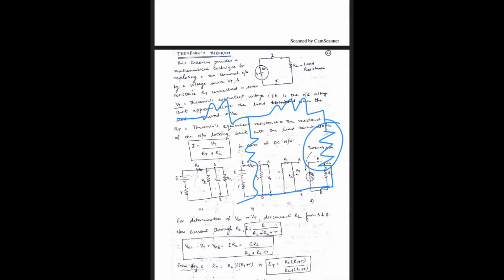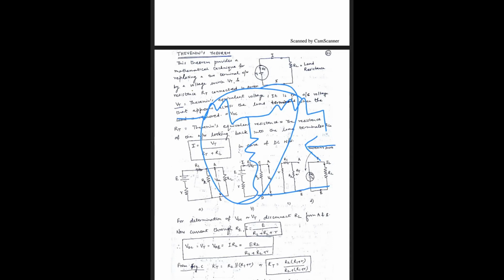When we calculate the open circuit voltage, or Thevenin voltage, this load is removed. But when we calculate the Thevenin resistance, we calculate the resistance of the whole network by removing the load resistance and looking into the network.